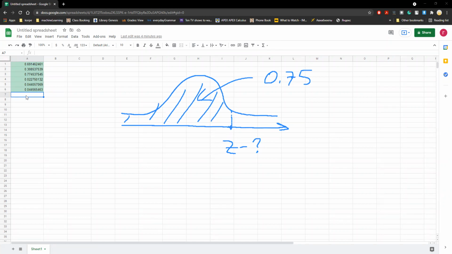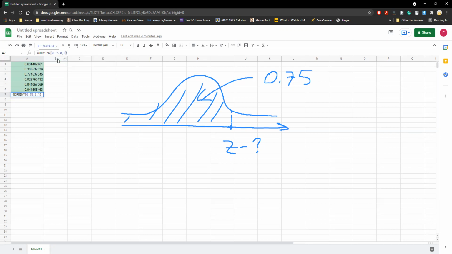In Excel, we have the function NORM.INV. So basically, this is the inverse function of the CDF of the normal distribution. So for x, we'll put 0.75. For mean, we'll put 0. And for standard deviation, we'll put 1.